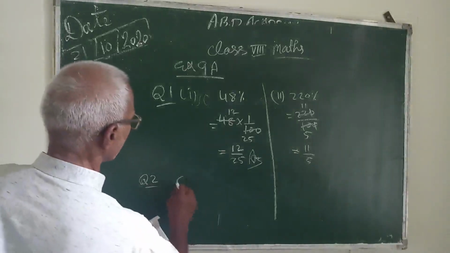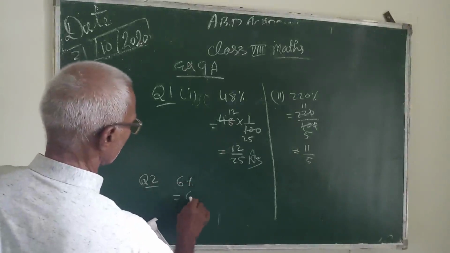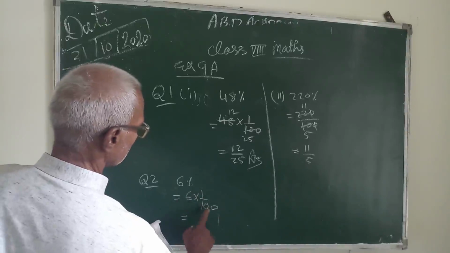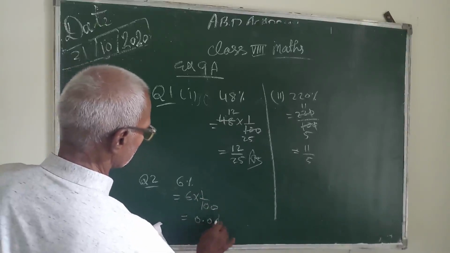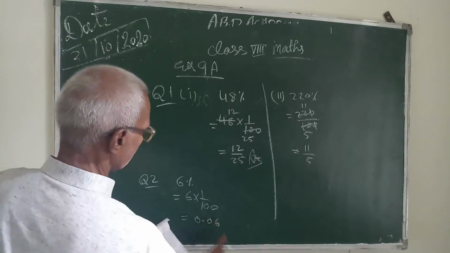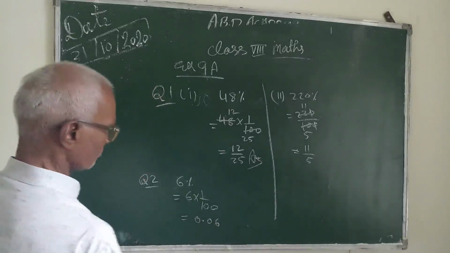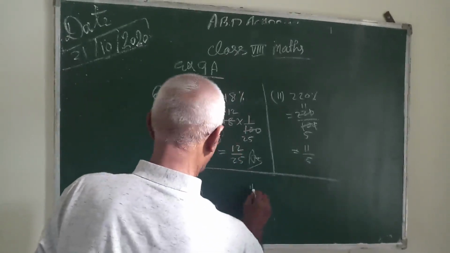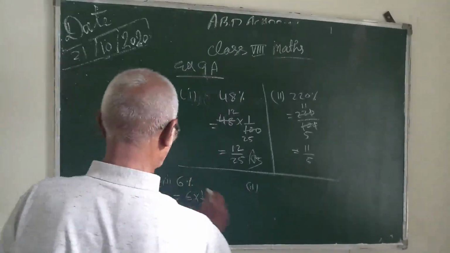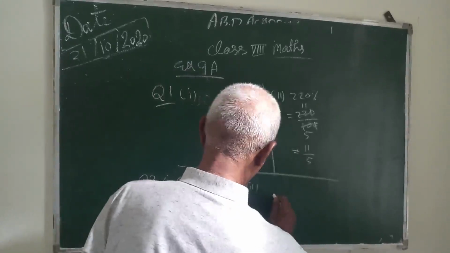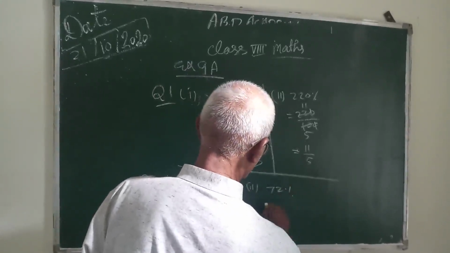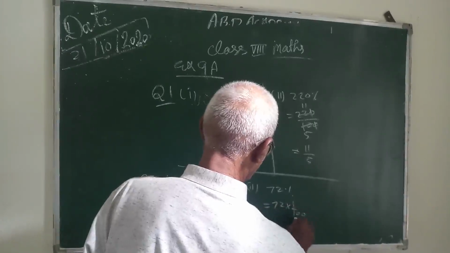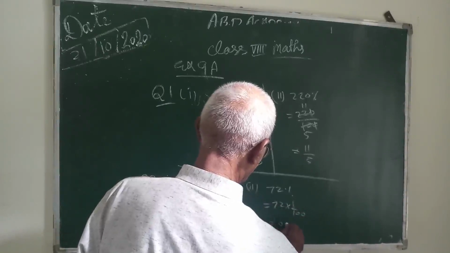Express as decimal. 6% is equal to 6 into 1 upon 100. So it is 0.06. Divide 6 by 100 and it will convert into a decimal. Likewise, the second part is 72%. 72 into 1 upon 100 is 0.72.